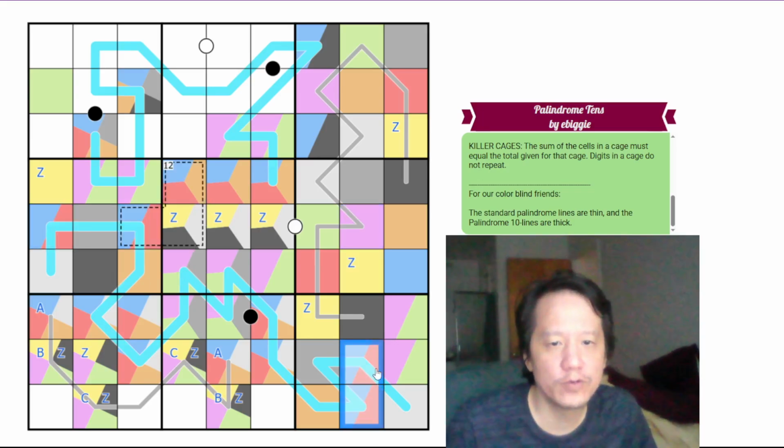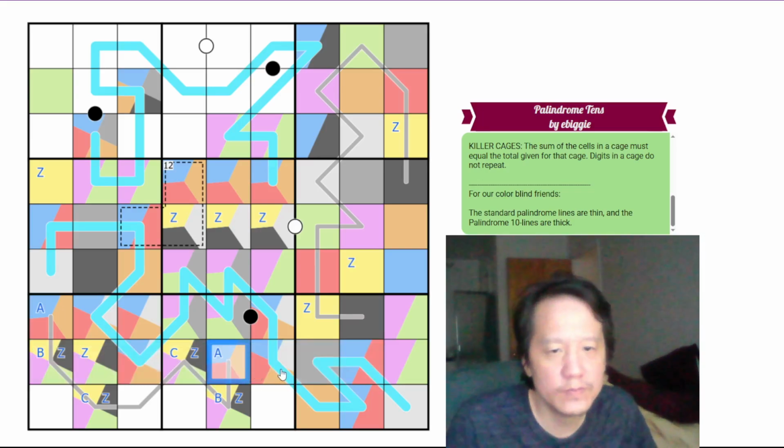2 and 4 matches with 2 and 4. Okay. Light cannot be here because of light being there, so this cannot be light.